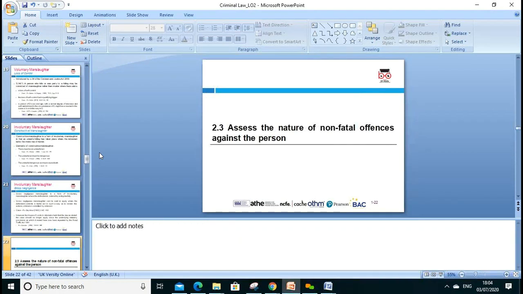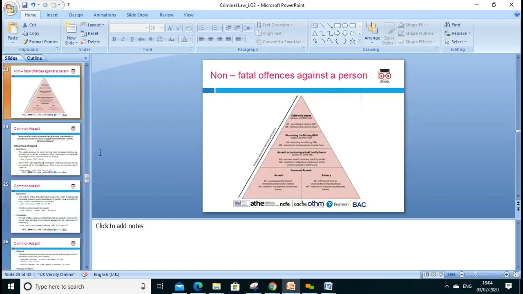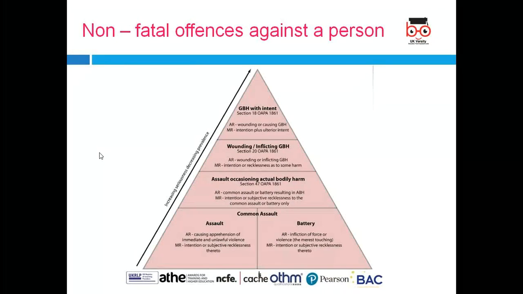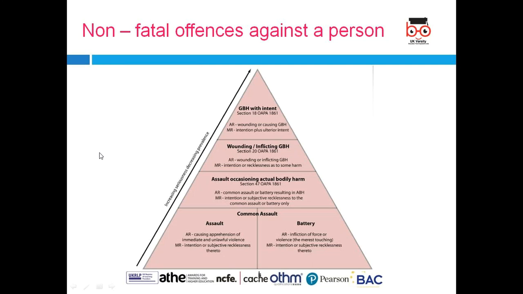Next we look at 2.3, assess the nature of the non-fatal offences against the person. So we can look around these: assault, which is important, common assault, battery, and then assault occasioning actual bodily harm, and wounding, with intent.